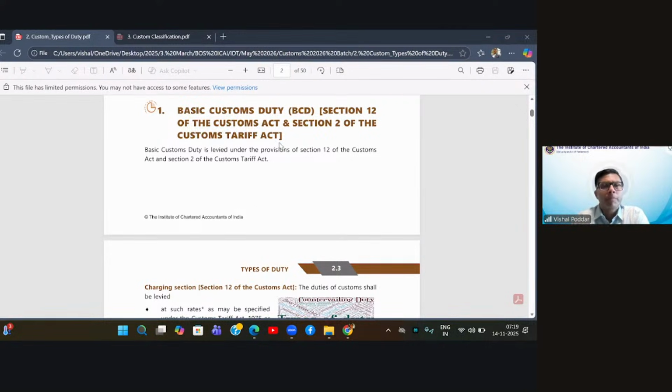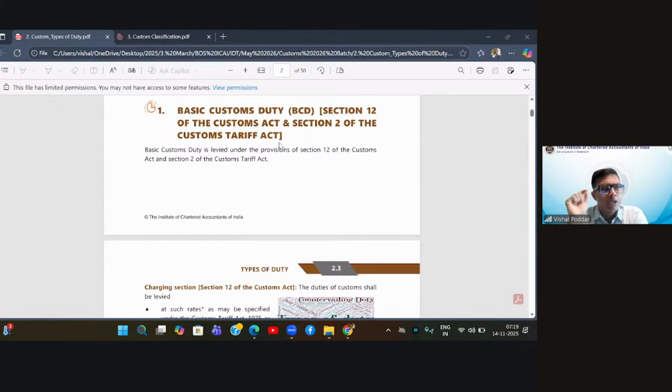Now, how these acts are connected or how these acts get triggered. So, the parent act, which is the Customs Act, if you recall, we studied the charging section, section 12. What did section 12 of the parent act, that is Customs Act, say?